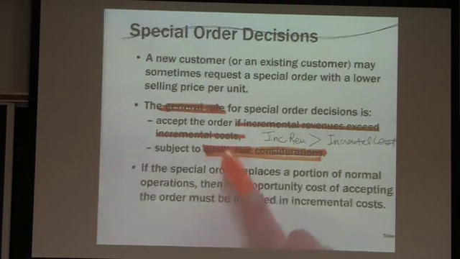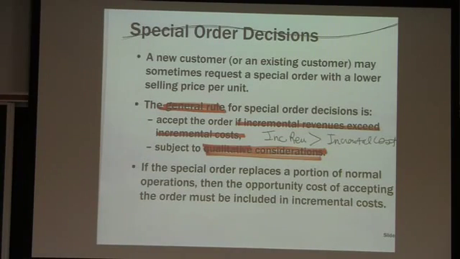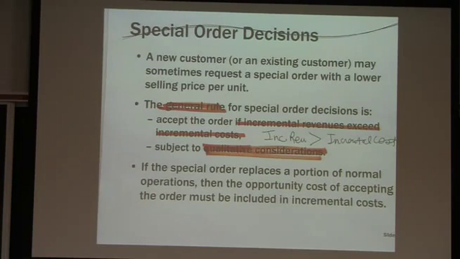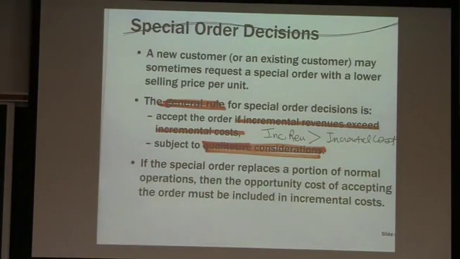But there could be qualitative considerations that prevent us from accepting that special order. Let's say our regular customer finds out that we're selling those same T-shirts for $7. It could create a problem, and it could cannibalize our current market, our current pricing, and our regular buyers may demand those T-shirts for $7, not $10. So those would be qualitative considerations that we might want to look into.